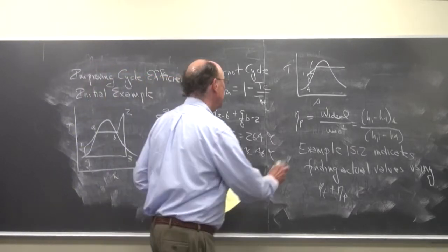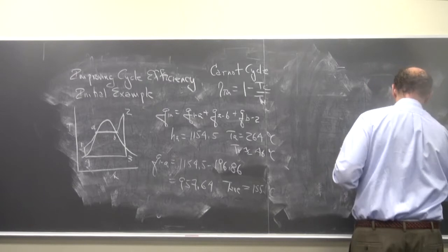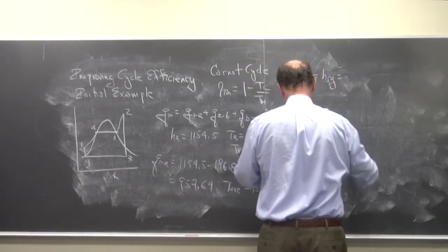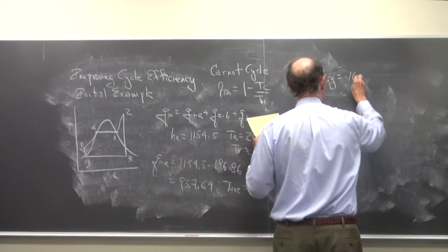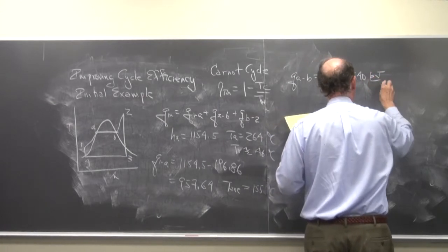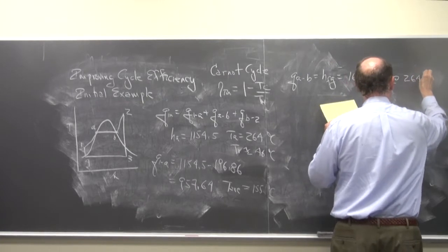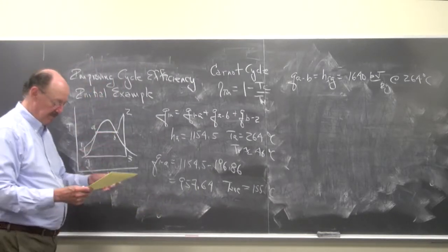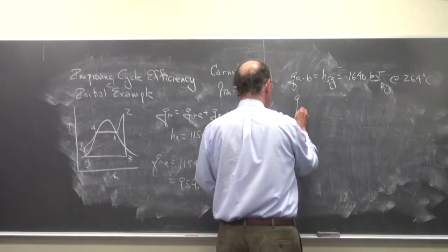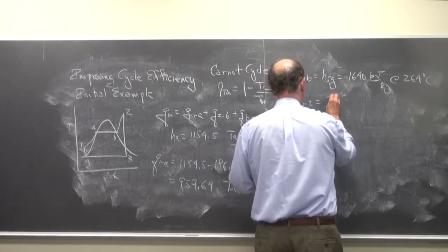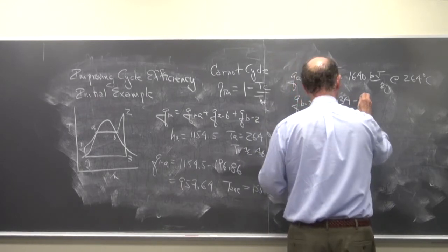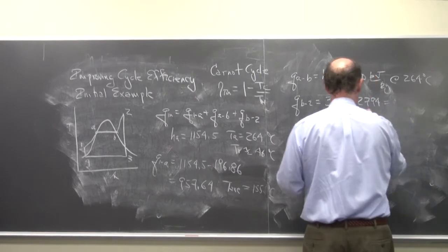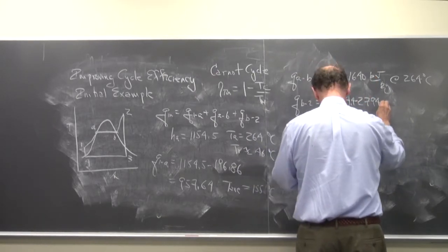And now QAB is equal to H sub Fg, is equal to 1640 kilojoules per kilogram at 264 degrees C. So we have this amount of heat, and this amount of heat is at 264 degrees C. And then we have QB2, which is equal to 3434 minus 2794, and these all have 0.4 minus, and this has a 0.6.